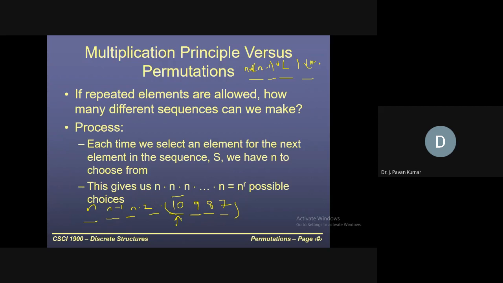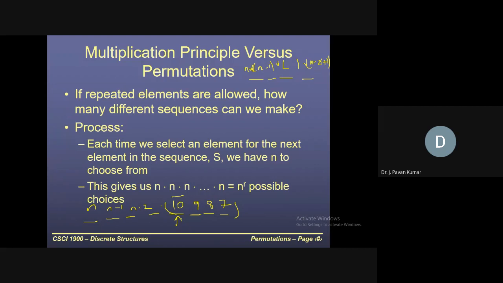If the length of the sequence is r, then up to n minus r minus 1, it is nothing but n minus r plus 1. Yes or no? So up to this we will be multiplying, n minus r plus 1.